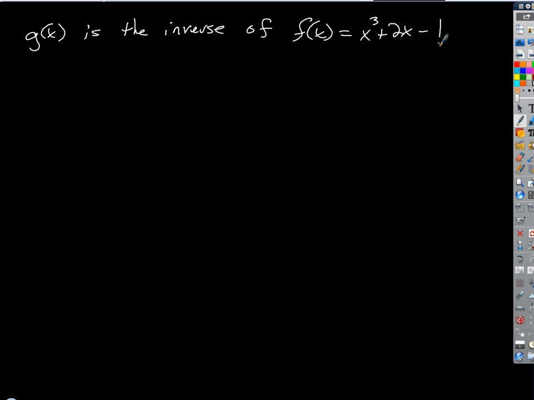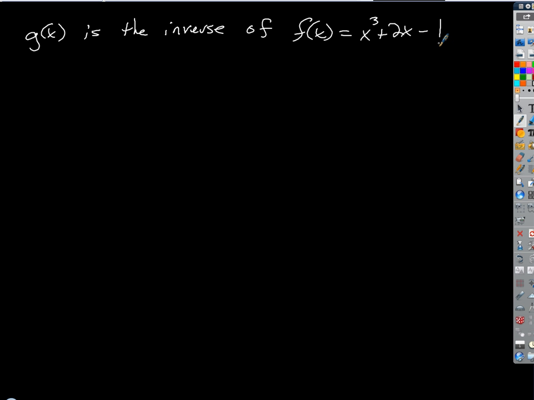Let's say, I'm going to do this a little differently than the book does. Let's define g of x as the inverse of f of x equals, let's do this one, how about x cubed plus 2x minus 1.